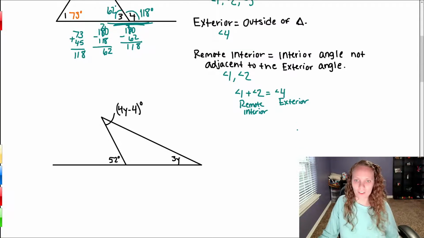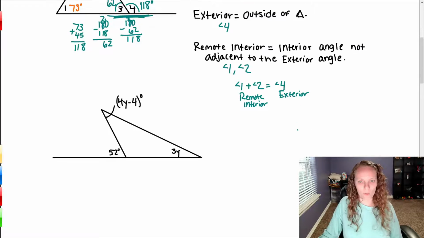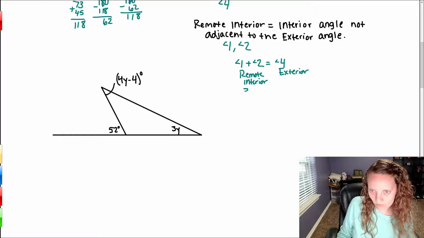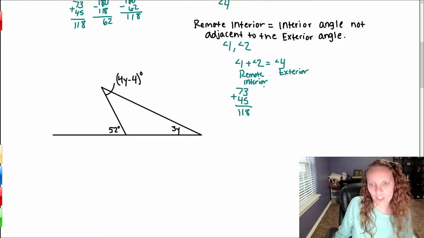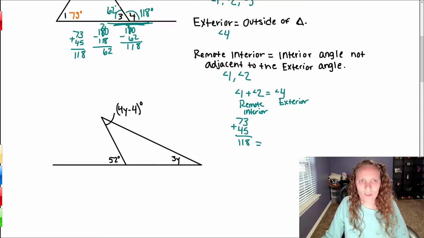Let's try it out. We're going to take 1 and 2, which are 73 and 45, which is 118. That sum equals our exterior angle, which, if you notice, is also 118 degrees.